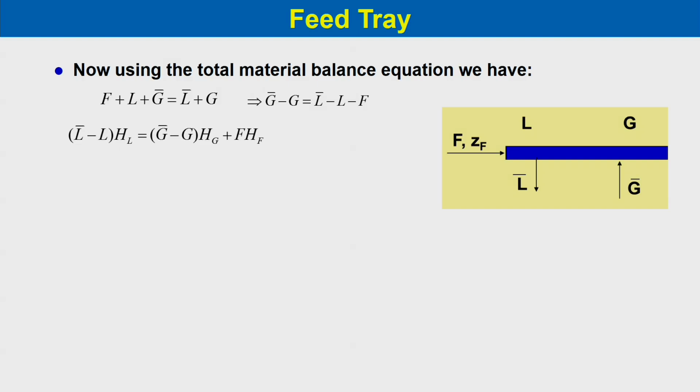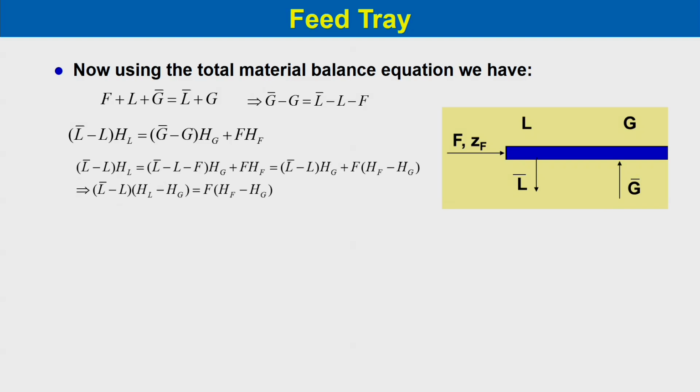So, now if we consider the earlier enthalpy balance equation or the energy balance equation, which is (L bar minus L) into HL is equal to (G bar minus G) into Hg plus F Hf.